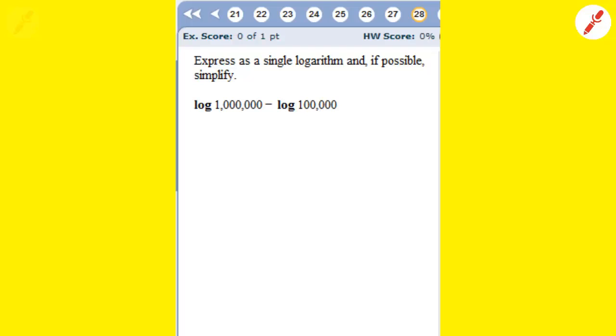Now, we've been taking logarithms apart. We're going to start putting them back together. I have log of 1 million minus log of 100,000. That means I have log of 1 million over 100,000.